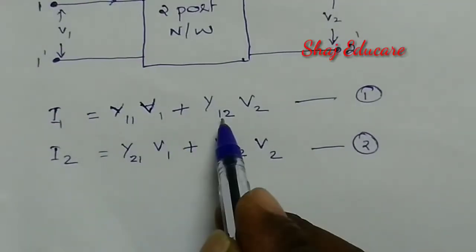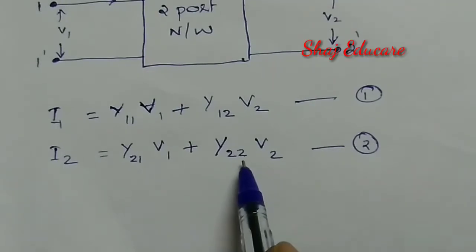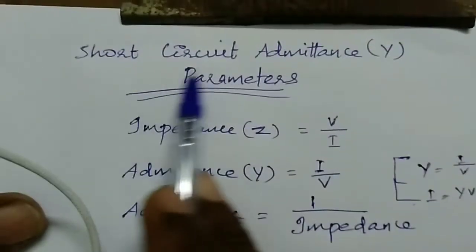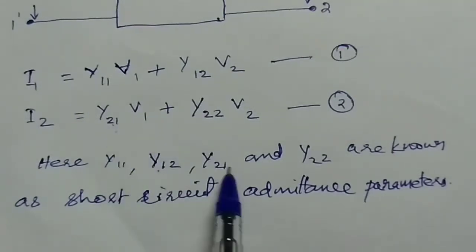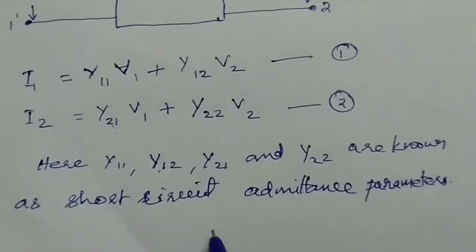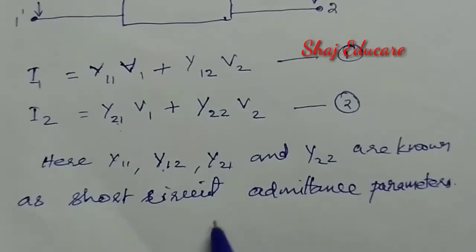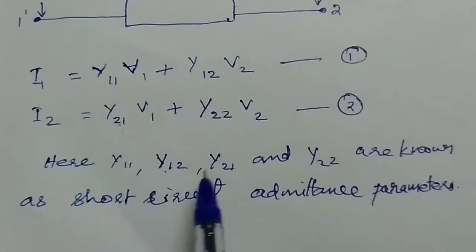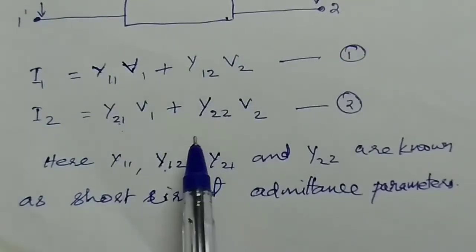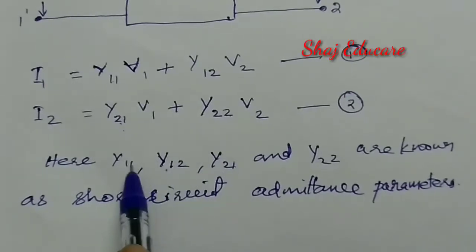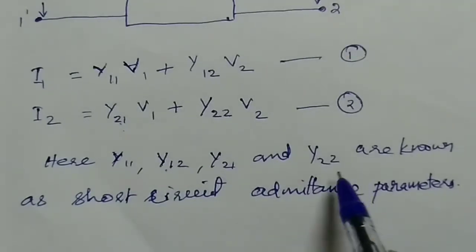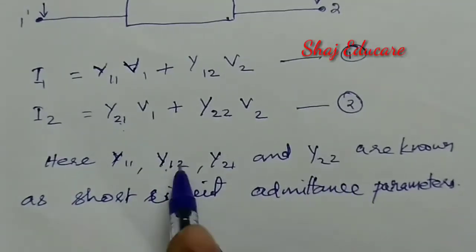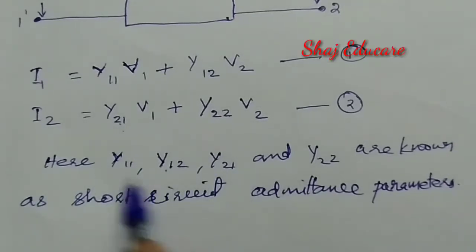Here Y11, Y12, Y21 and Y22 are known as the short circuit admittance parameters, and we have to find the expressions for these parameters and explain what Y11, Y12, Y21 and finally Y22 are.